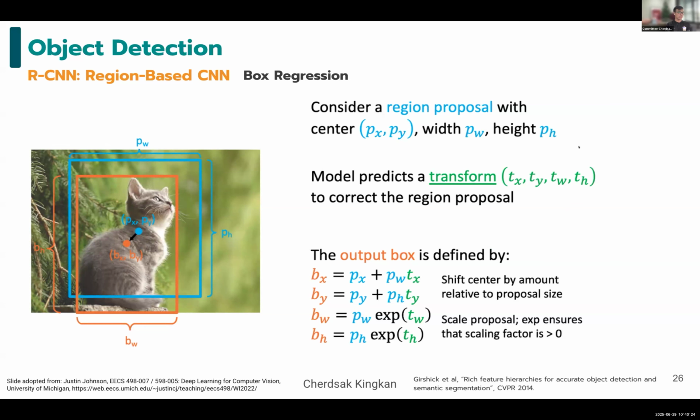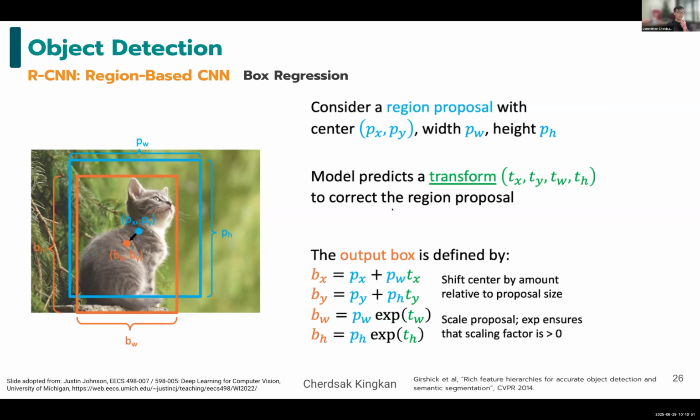The model is predicting these, and then we perform this mathematics. For example, to get the predicted bounding box center, we could use PX plus PW multiplied by tX, so that we get the new center of the bounding box. This is the output bounding box, which is the predicted one.